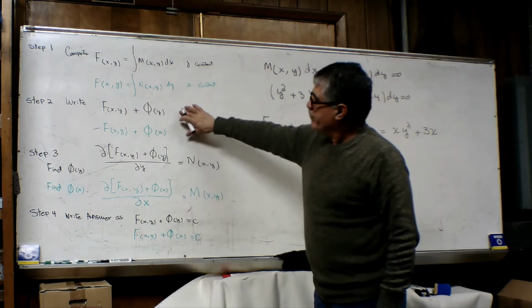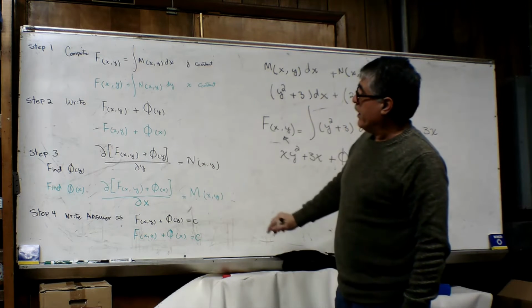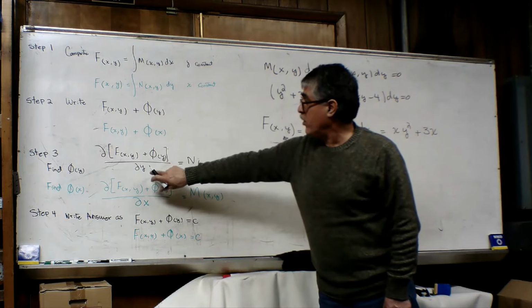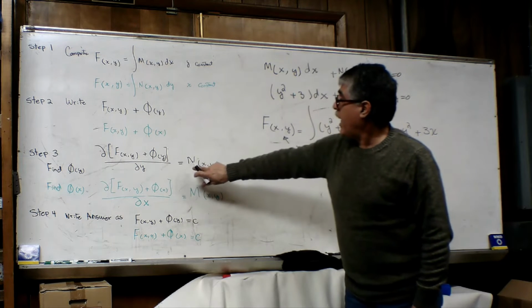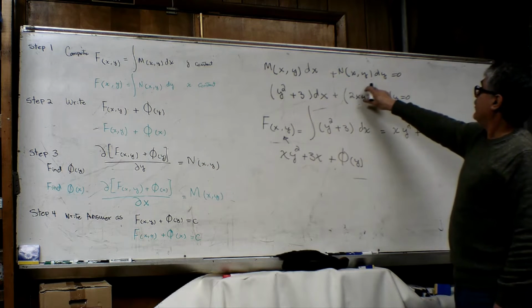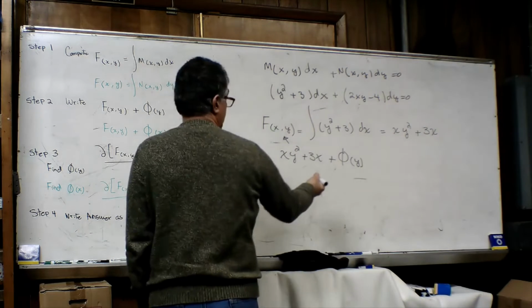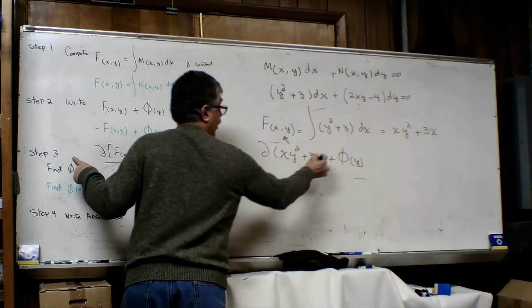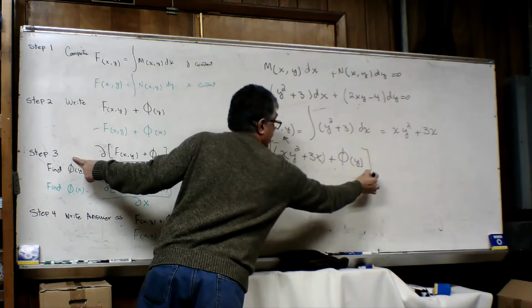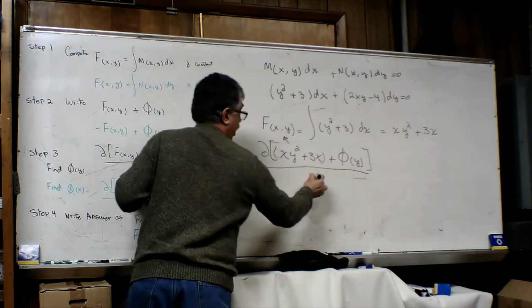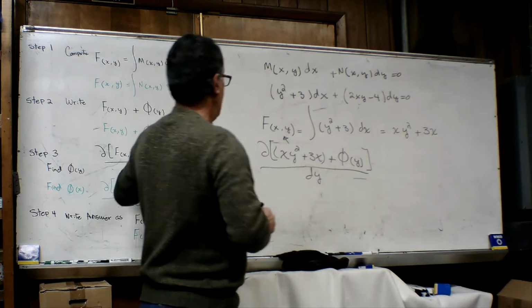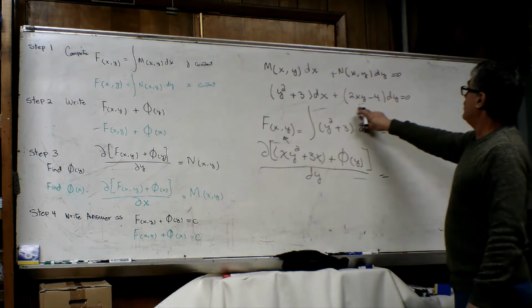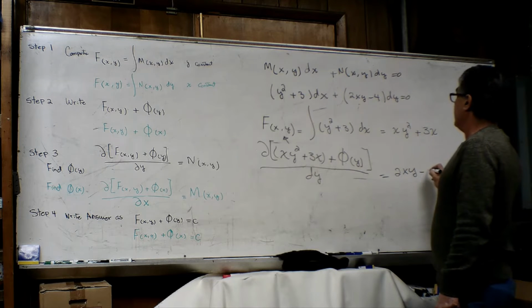Step number 3, take the differential of this form with respect to y and make it equal to N as a function of x and y, which is 2xy minus 4.